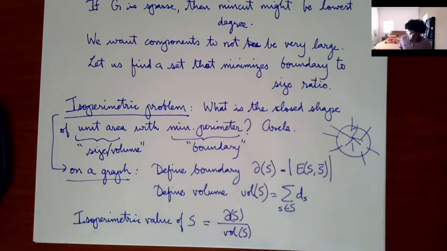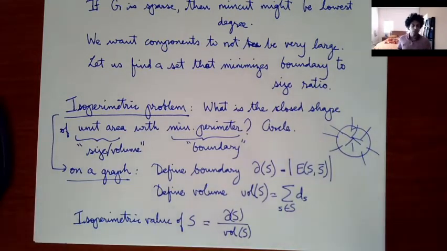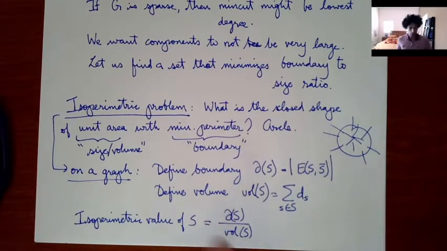And one can ask, okay, can we find, in a specific graph, the set that minimizes the isoperimetric value? Unfortunately, as defined, there is a trivial answer to this question. So what is the trivial answer that minimizes this quantity?